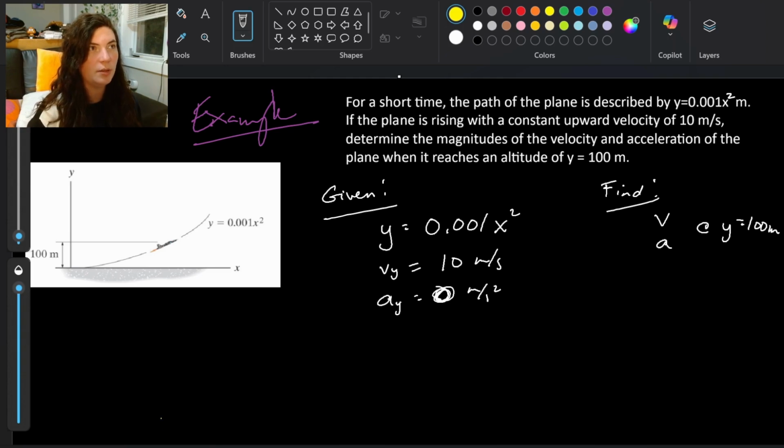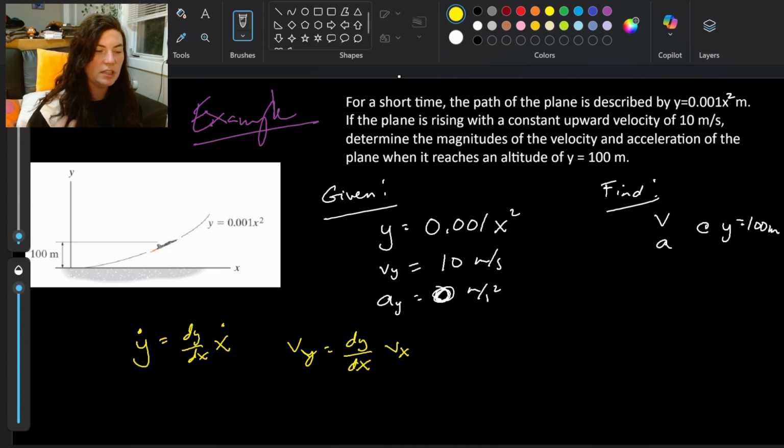We talked about it very briefly: y dot is dy/dx times x dot. Or another way to write it, velocity in the y direction is the derivative of the y function with respect to x times velocity in the x direction.